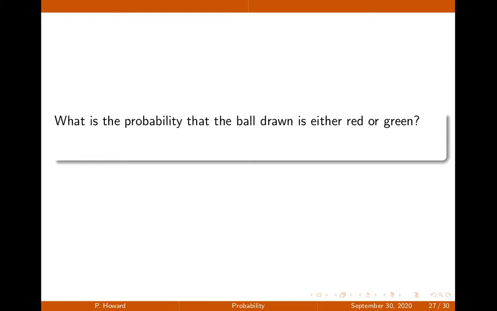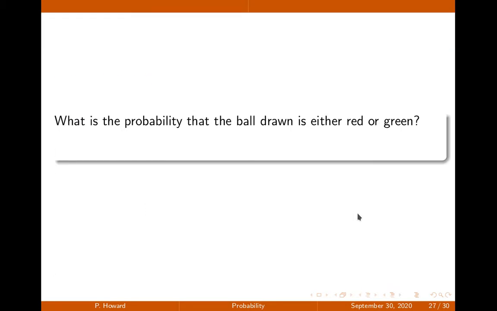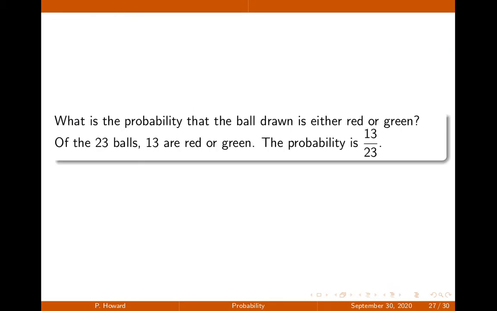I'm going back to the table for just a minute. You get a red or green ball in 9 plus 4, or 13, of the 23 possible outcomes. So of the 23 balls, 13 are red or green, so the probability is 13/23.